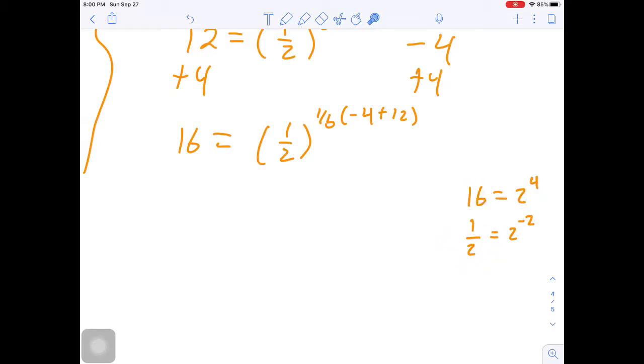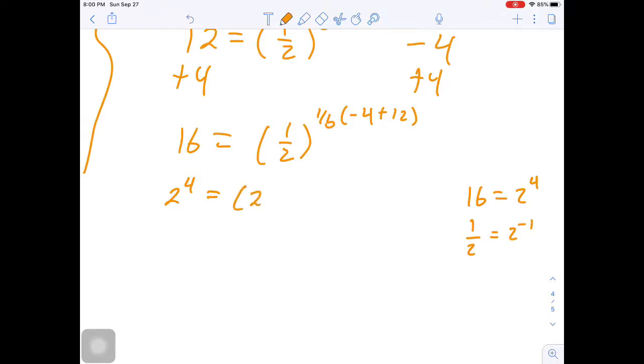So I can replace 16 with 2 to the power of 4. I can also replace 1 over 2 with, that shouldn't be to the power of negative 2, that actually should just be to the power of negative 1. So here I can replace 1 over 2 with just 2 to the power of negative 1.